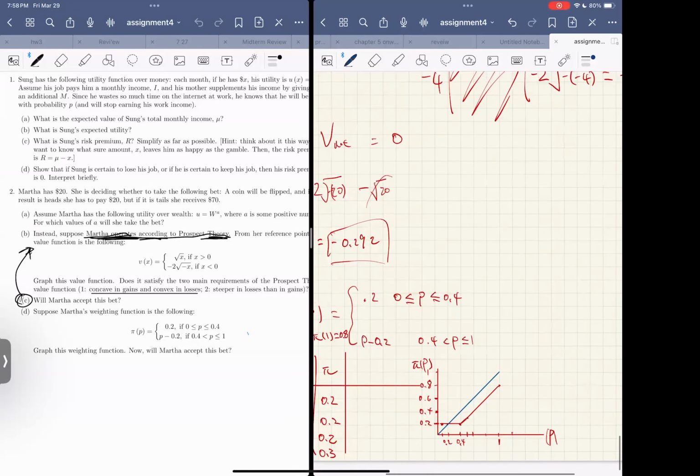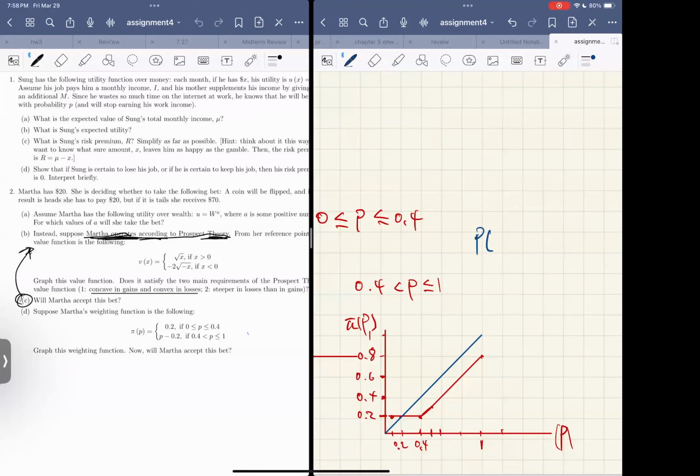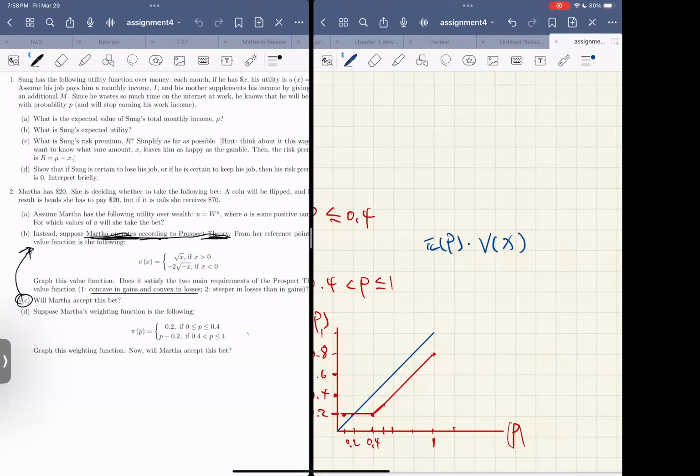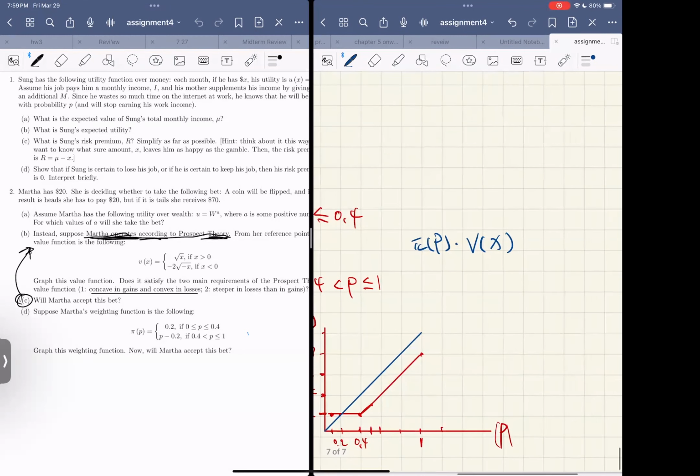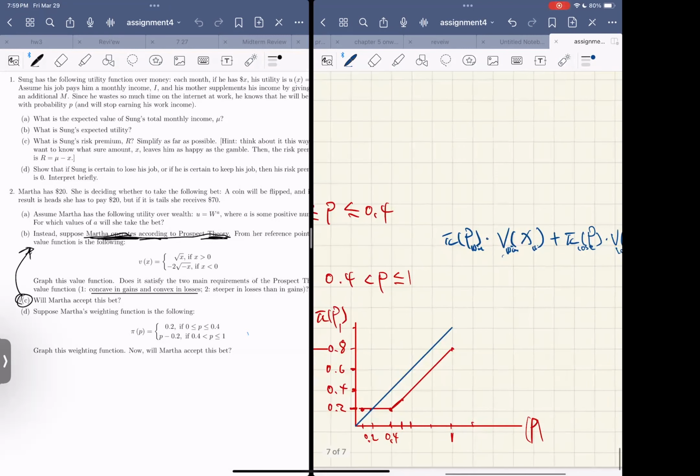Okay. So now, will Martha accept this bet? So this will be pi of p times value of x win, plus pi of lose times V of x lose. Pi of 1/2 is what?